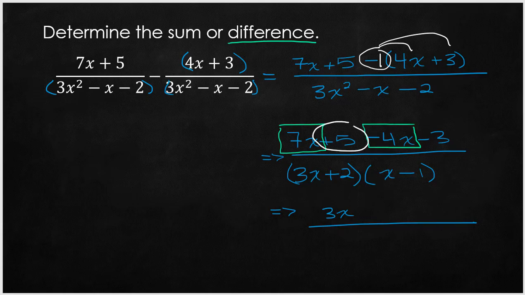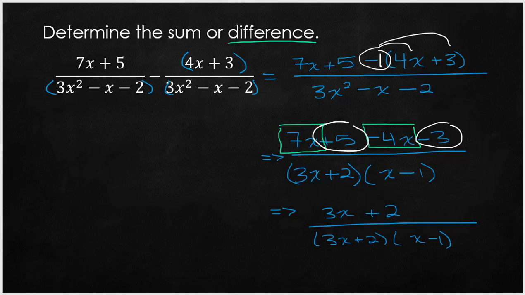And then I've got a positive 5 and minus 3. So 5 minus 3 will get me plus 2. And now in the denominator, we have 3x plus 2, x minus 1.